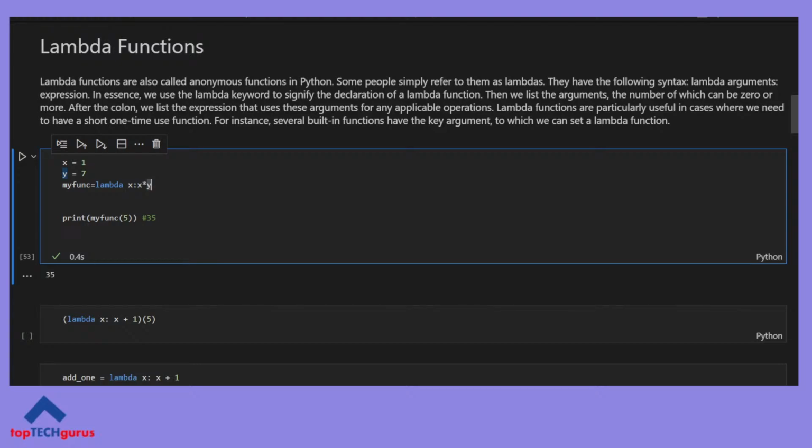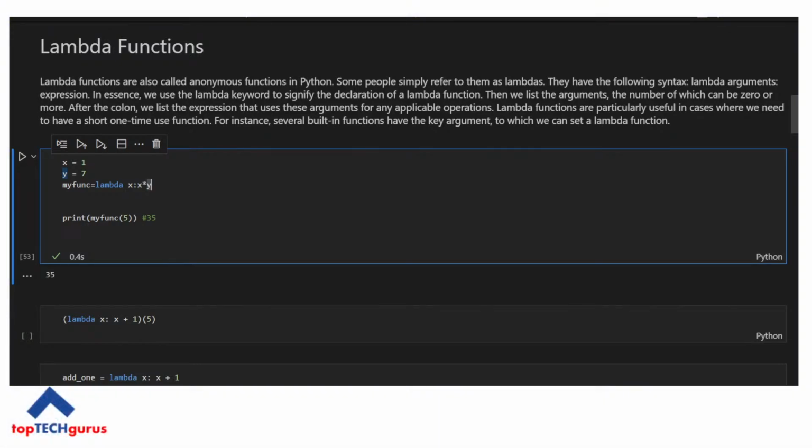Say if we have to use a function in multiple places, then we rather define the function. And if say it's a complex execution of multiple lines of code, then we rather define a function. When it is quick, then we use a lambda function.